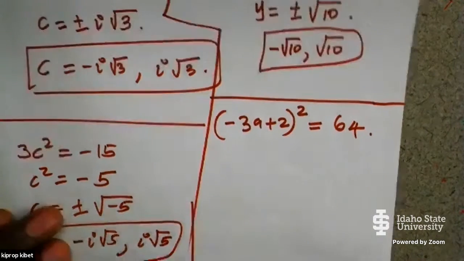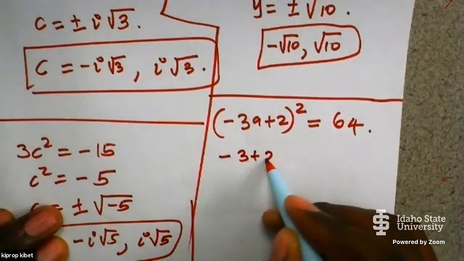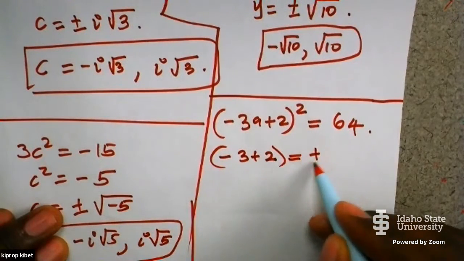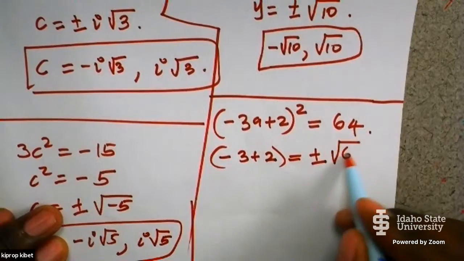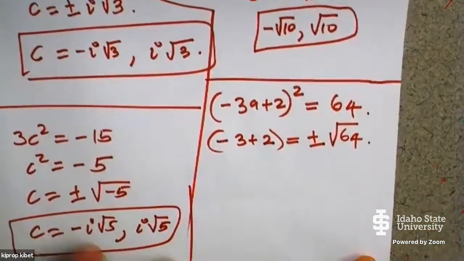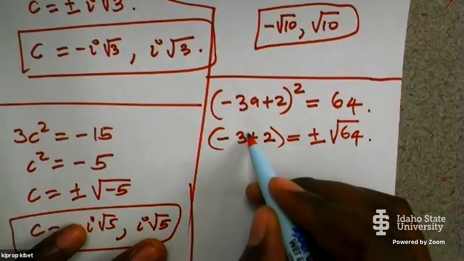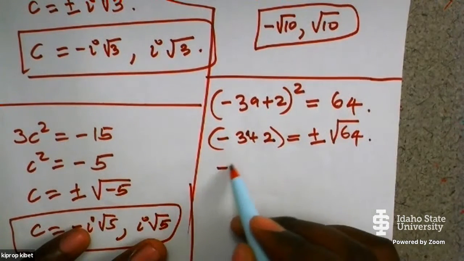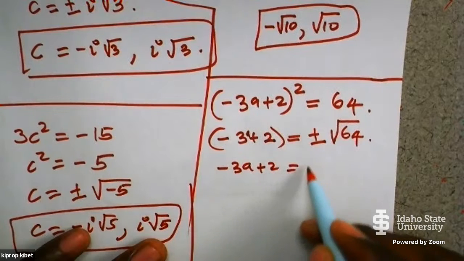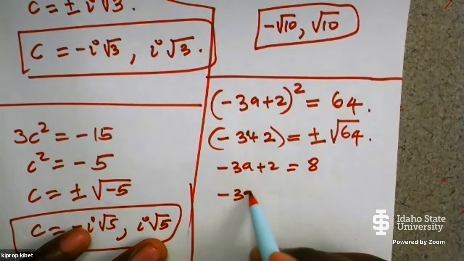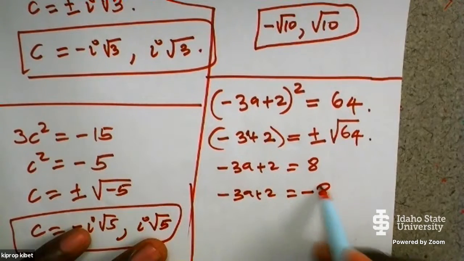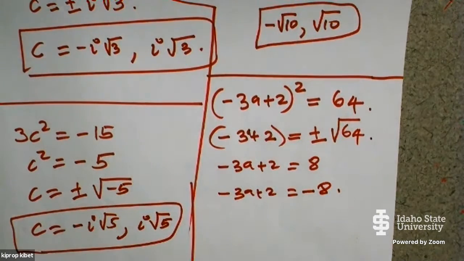So this is similar to minus 3a plus 2 equals plus or minus the square root of 64, which is 8. So minus 3a plus 2 equals 8, and minus 3a plus 2 equals minus 8. So we get two values there: the plus 8 and the minus 8.